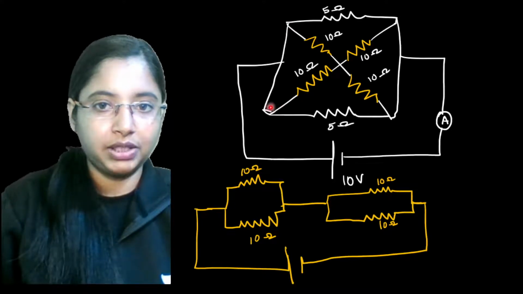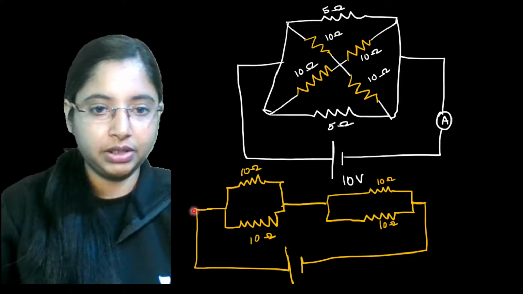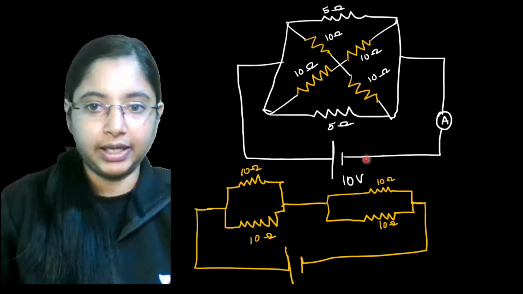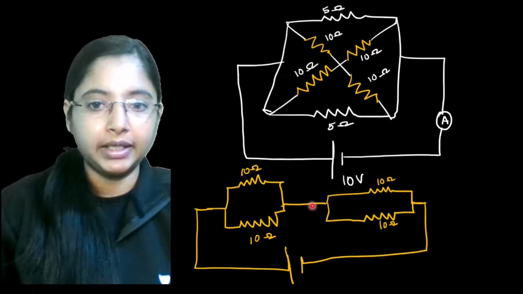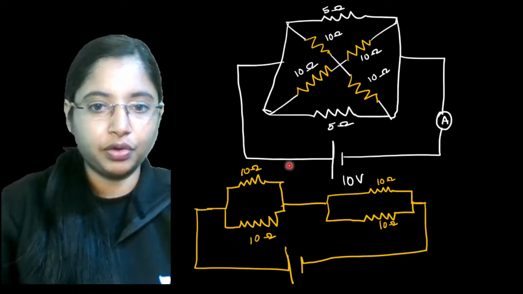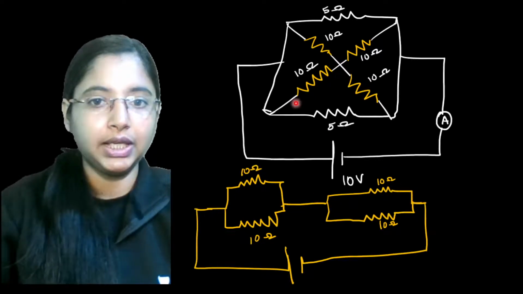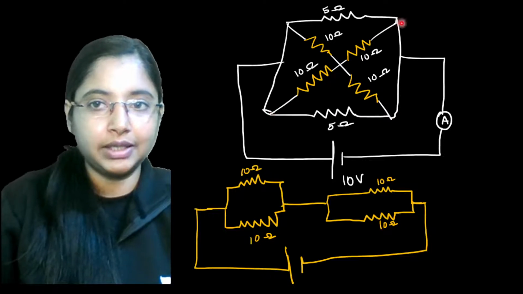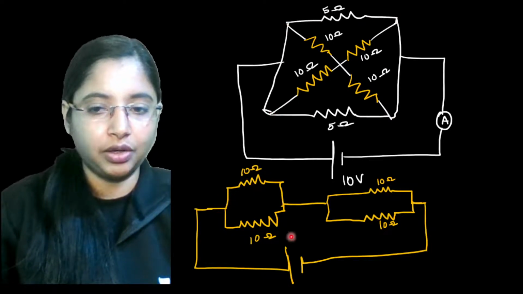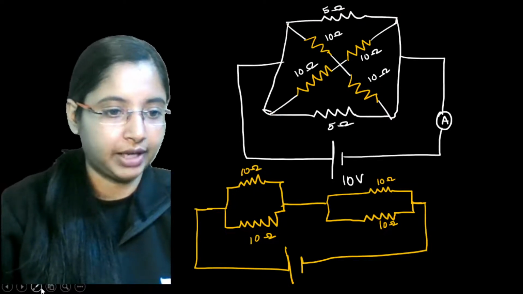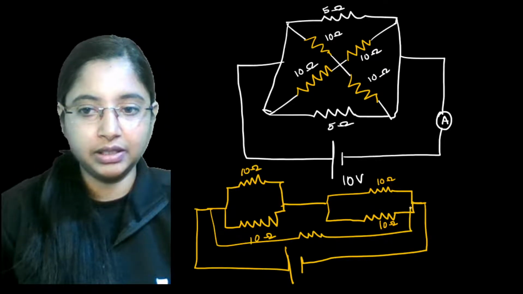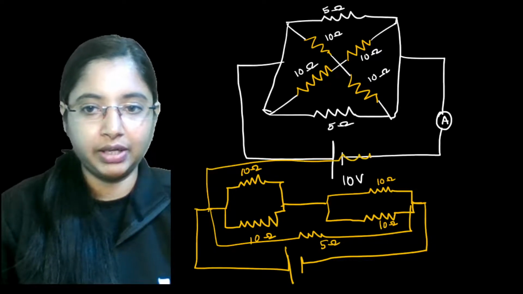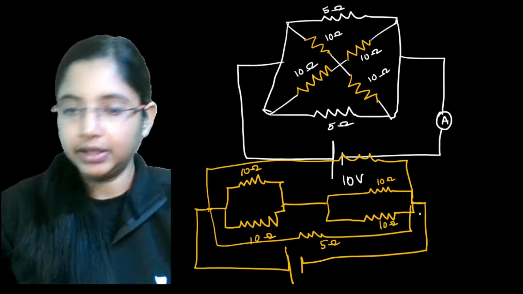So these two terminals to the positive end, these two to the negative, and in between all four are joined. Okay, then across these two ends and across these two ends, that is joining all four resistors, we have a 5 ohm resistor. Okay, so across here we have a 5 ohm resistor, right? And again across here we have another 5 ohm resistor. Alright, this is your equivalent circuit.